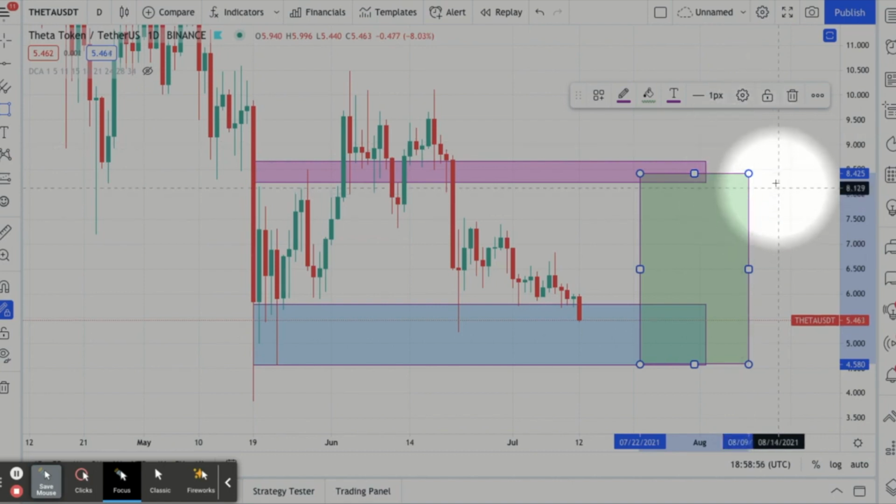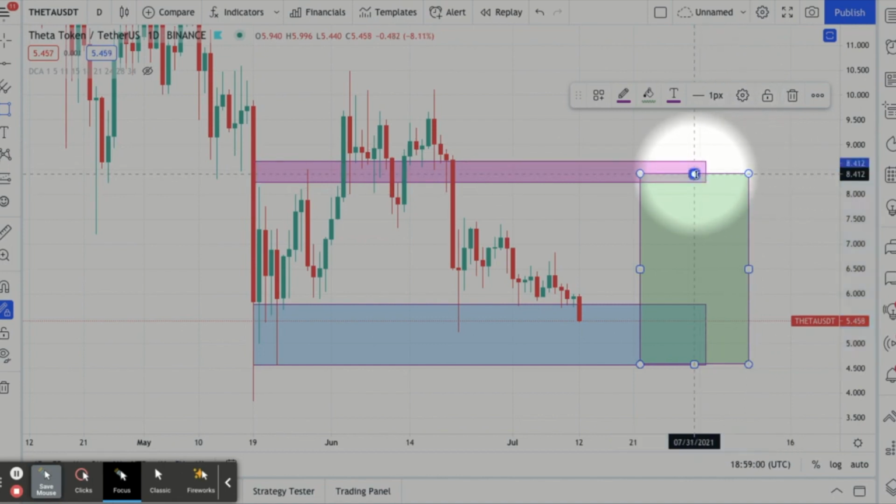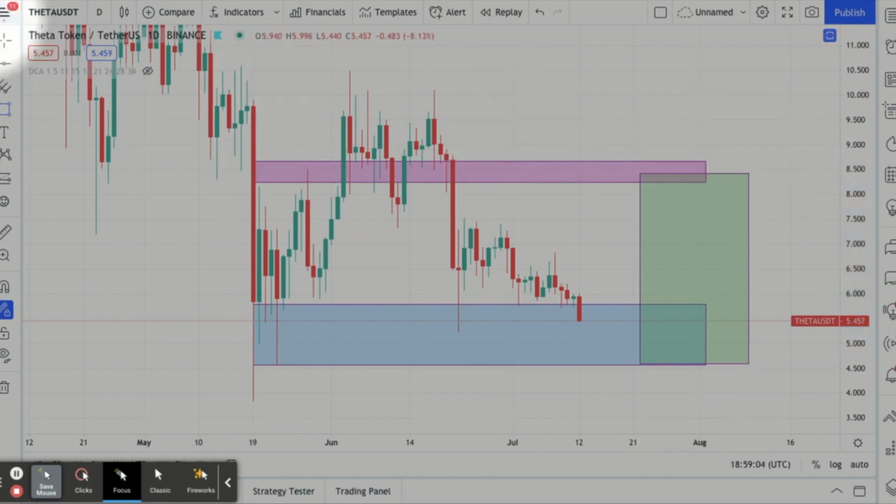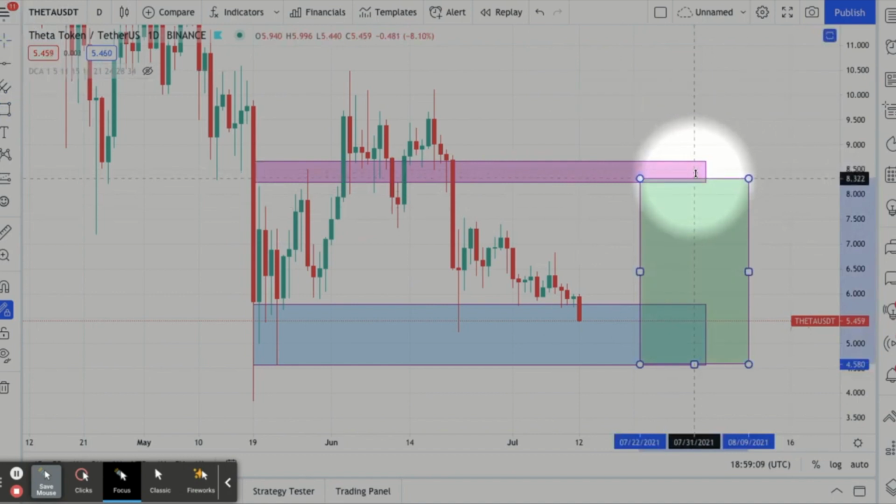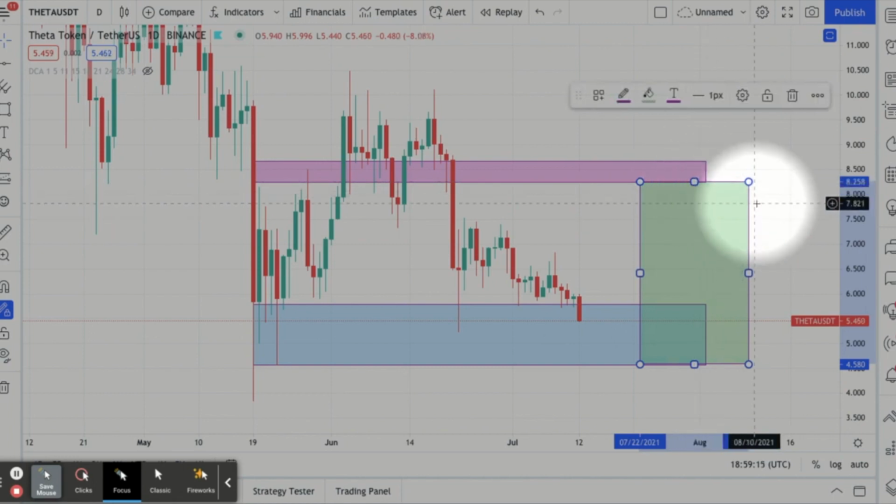On the top of my grid I would probably use 825, if I were to do it. I'd probably come down because 825 is one of those psychological whole numbers.